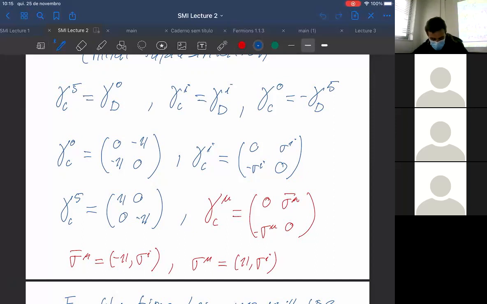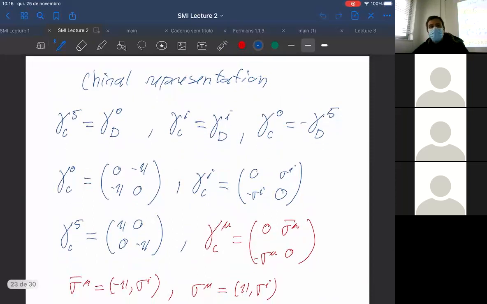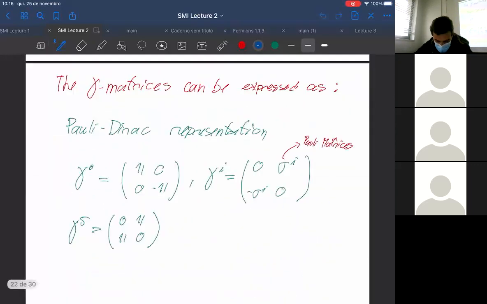This is just to warn you so you don't get confused. But this definition is correct, and if you prefer to use this one, I will not object, because it doesn't change the physics. I will never say you've done something wrong if you don't change the physics. But these are the matrices that we are going to use.